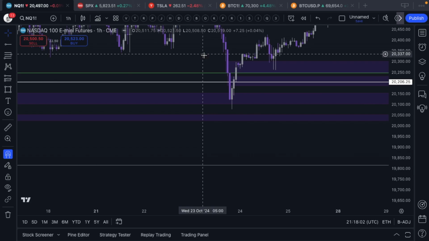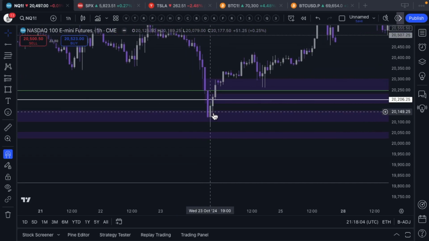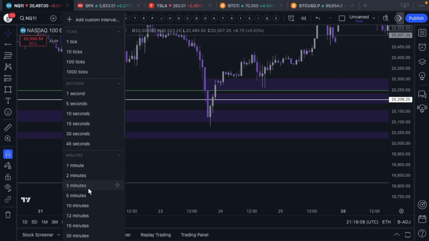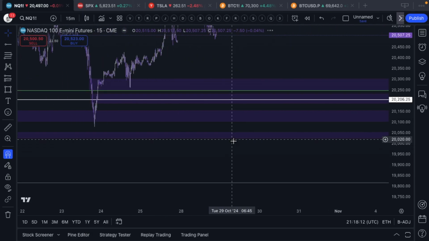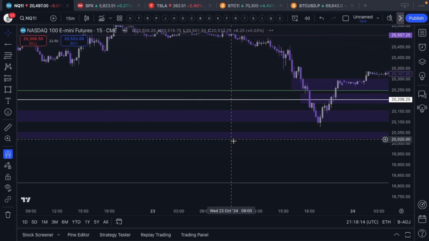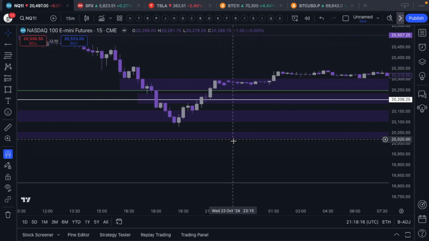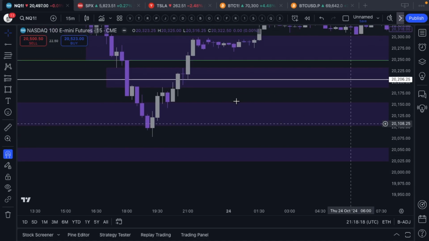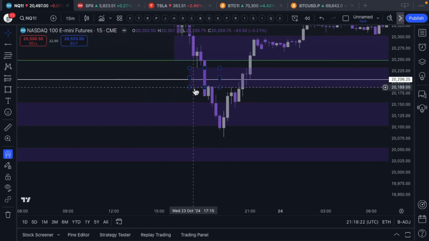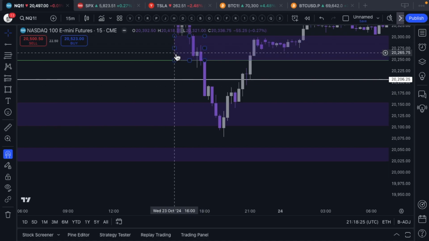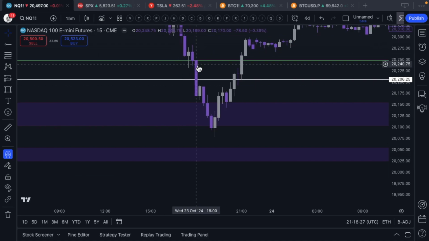So we don't know which one is going to hit. So what we're going to do is take this down to a lower time frame, maybe the 15-minute, maybe the 5-minute, and we're going to look at reactions and see if we can come up with a good play here to get on in. Okay. So these are the bearish ones. I'm going to take these off of the table for now.